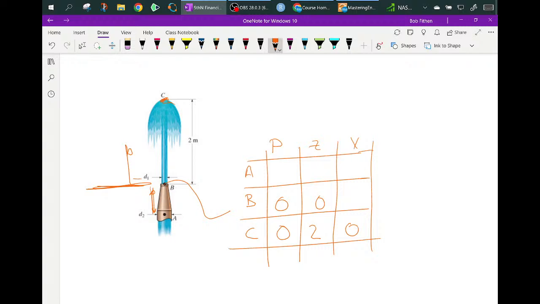C, 2. So immediately we recognize we know all that. And so we can write this against that and find velocity at B. Then we can use continuity to work ourselves to the velocity at C.